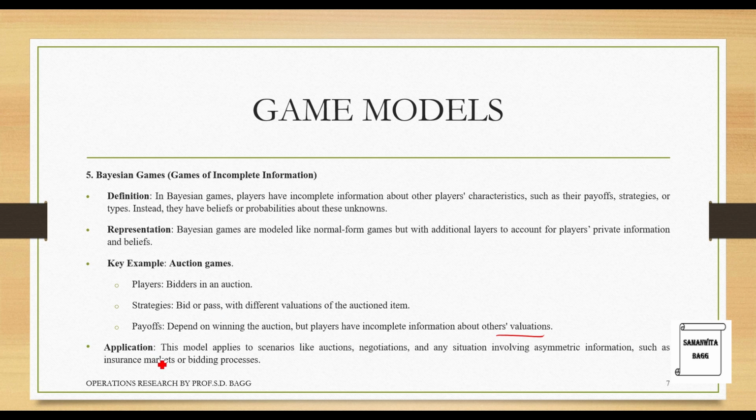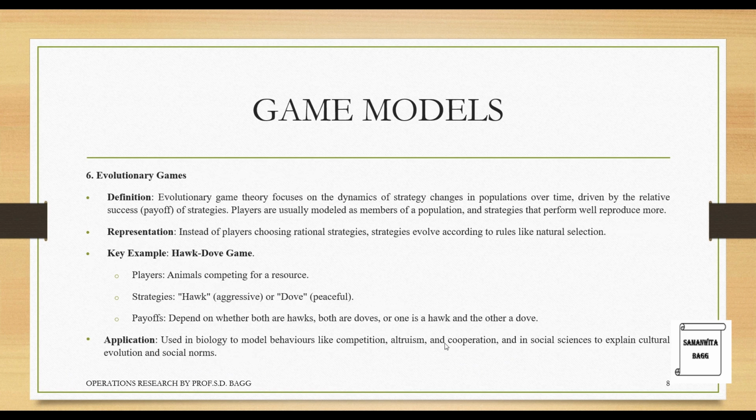Application: this model applies to scenarios like auctions, negotiations, and any situation involving asymmetric information such as insurance markets or bidding processes. The next one is evolutionary games. Evolutionary game theory focuses on the dynamics of strategy changes in populations over time, driven by the relative success, that is, payoffs, of strategies.